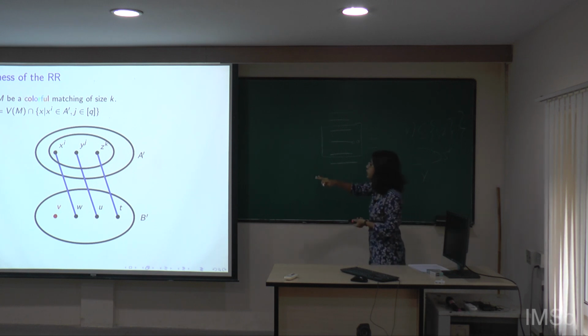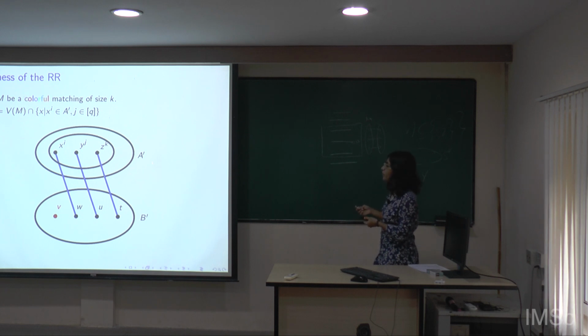These are the vertices of AM, so they are not present here. These other vertices also do not see anybody here, so none of these edges are incident on them. So this is a matching.